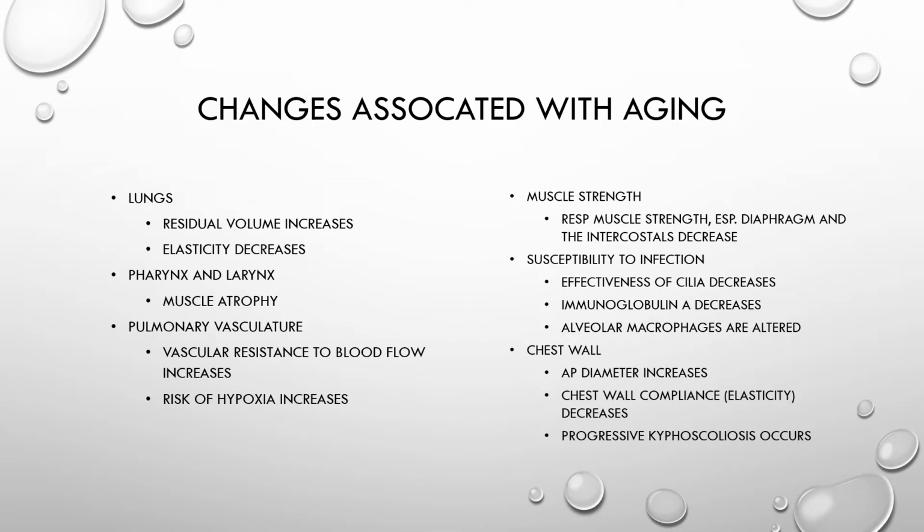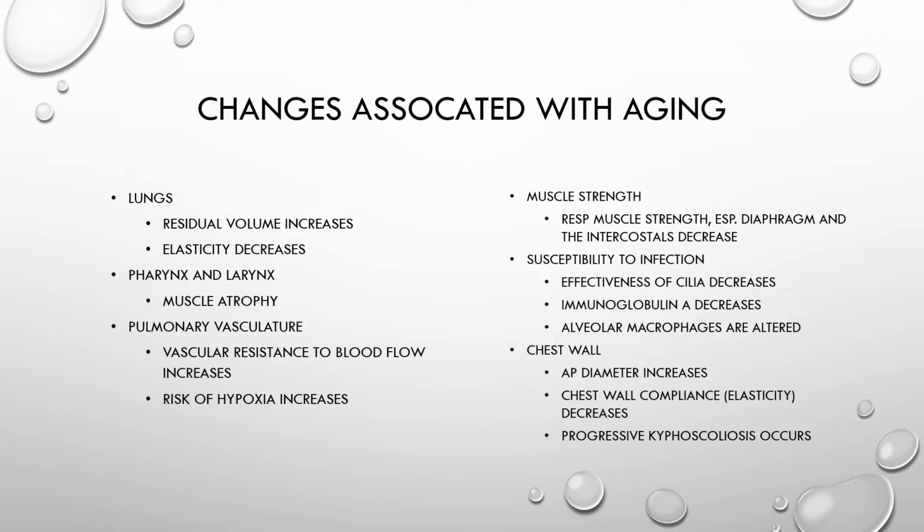As an individual starts to age, we start to see a gradual decline in their respiratory function, and this is due to both structural and functional changes. One of the big things we'll see is a decrease in muscle strength.